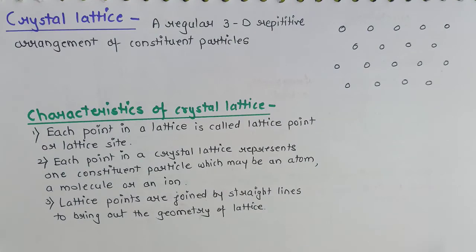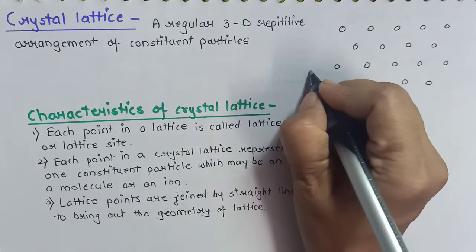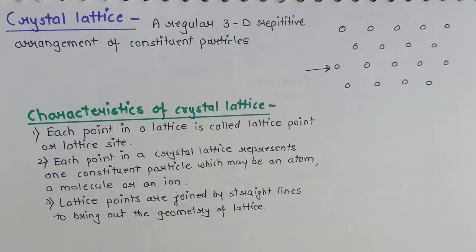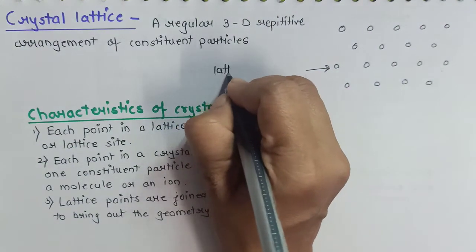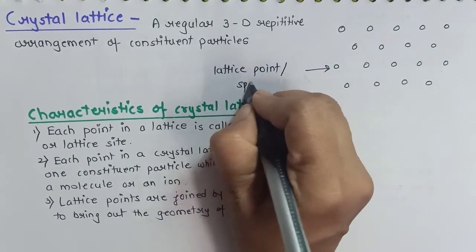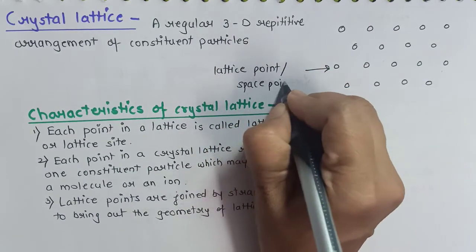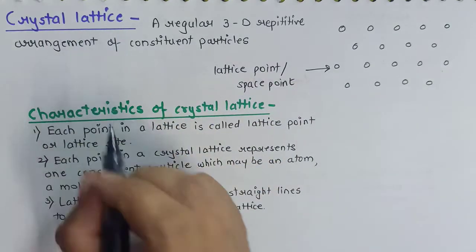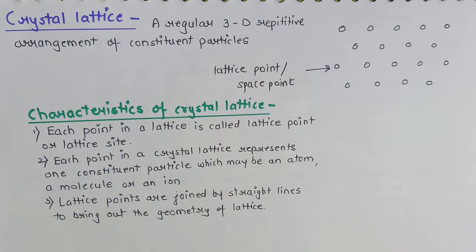Each constituent particle will be called a lattice point or space point. Similarly, the crystal lattice can also be called a space lattice.